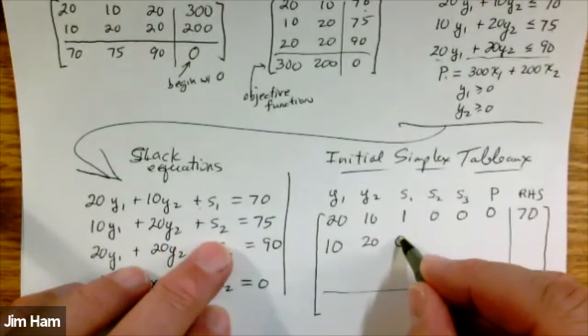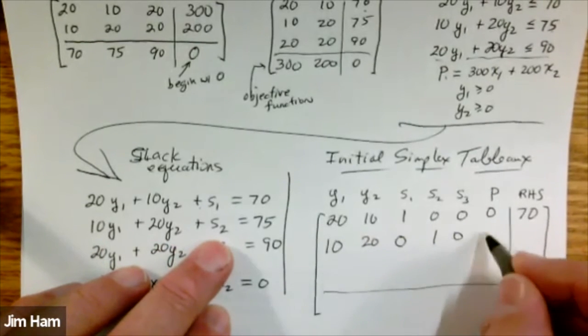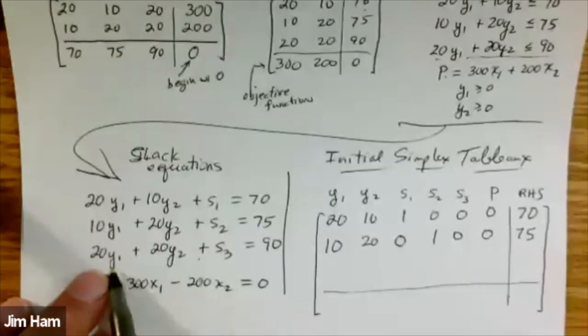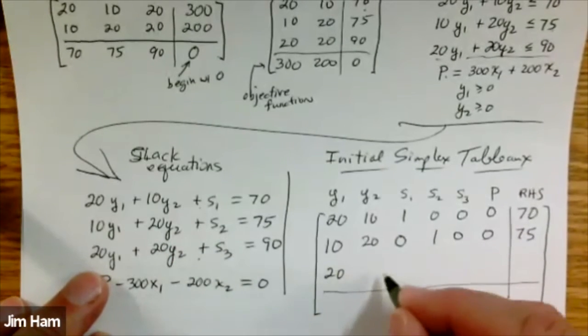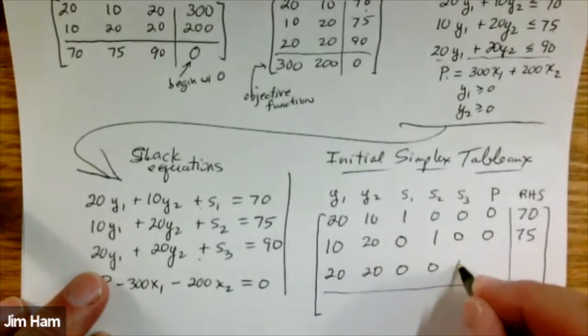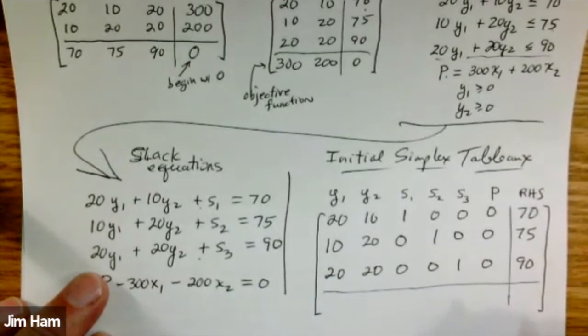There's no S1, there's an S2 and no S3 and no P. The third constraint, 20, 20. There's no S1. There's no S2. And then there's a 1 S3. There's no P in that equation. And then we have the number on the right-hand side.